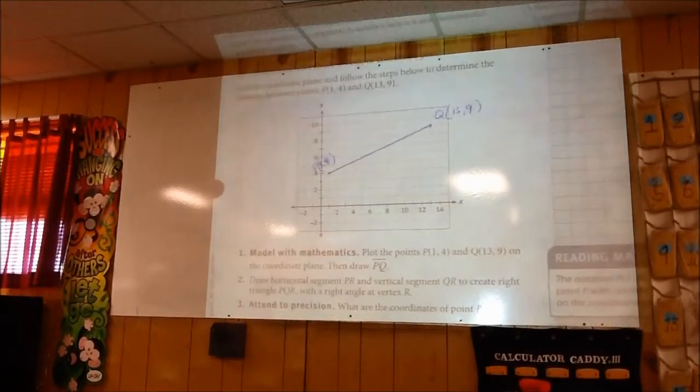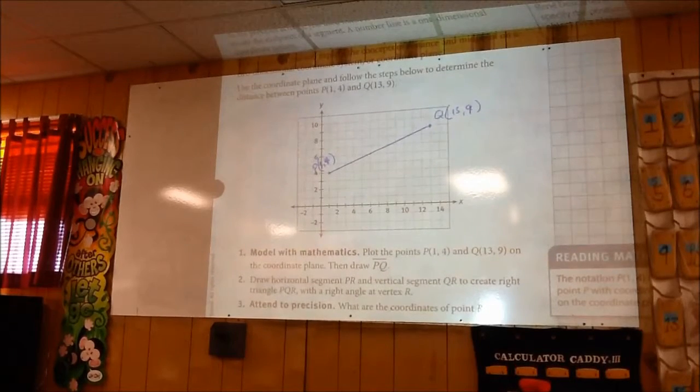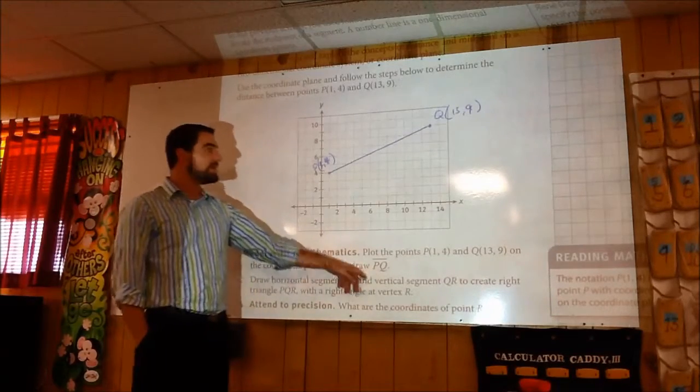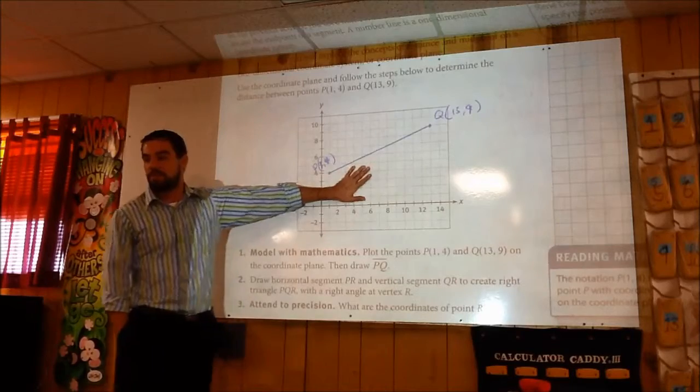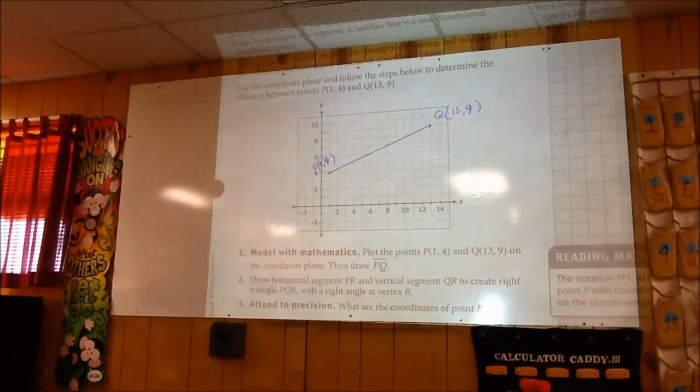So we're gonna go ahead and answer items 1 through 3 on this page. And the first one says, plot points P and Q on the coordinate plane, then draw segment PQ. So I want you to do that on your own piece of paper as quickly as possible. The line doesn't have to be perfect.